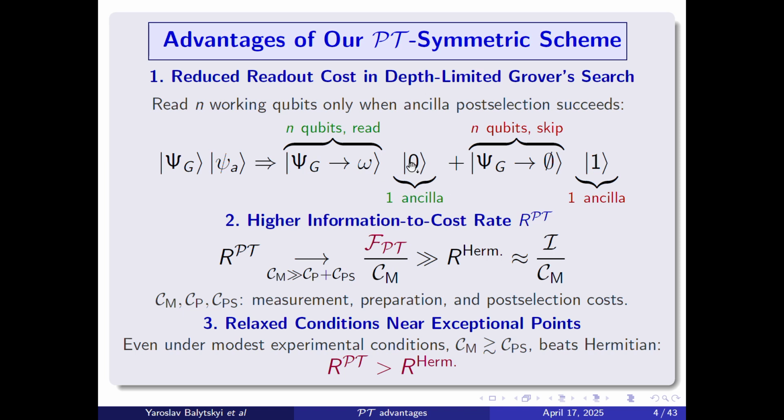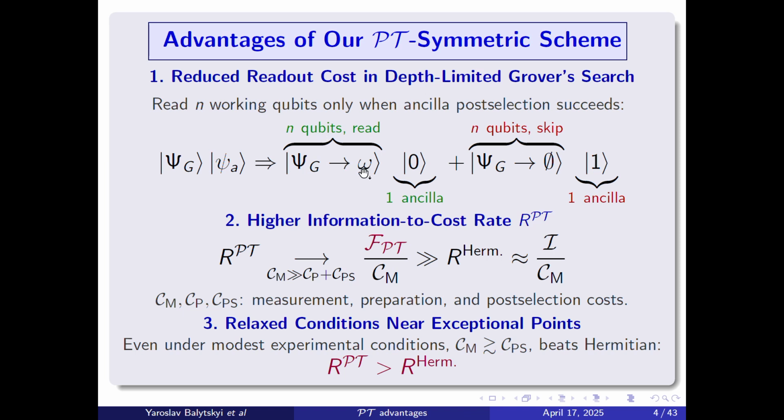And in the end of depth-limited Grover search, you are skipping all these readouts when the ancilla clicks 1, because in this case you will know for certain that this corresponds to failed results, so when there is no solution.